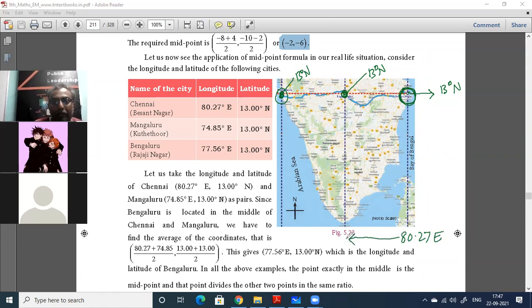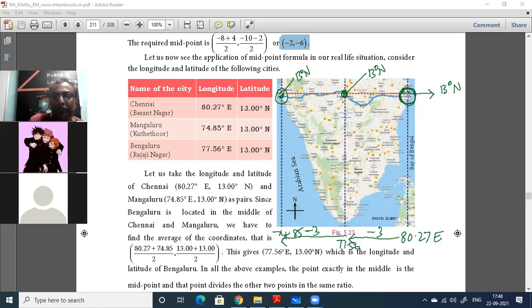Bangalore longitude will be lesser, 77.56. Mangalore longitude will be even lesser, 74.85. About 3 degrees longitude difference is there, smaller each time. That's what they are telling. Then they are telling one more important thing. Bangalore is the midpoint between Chennai and Mangalore.